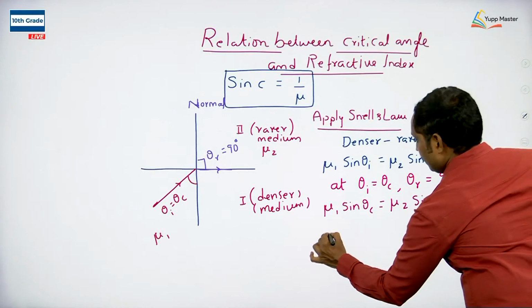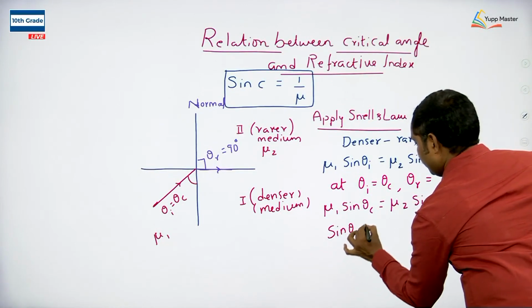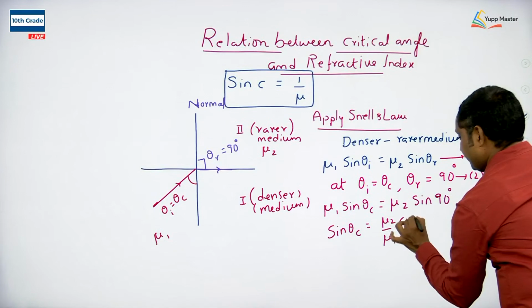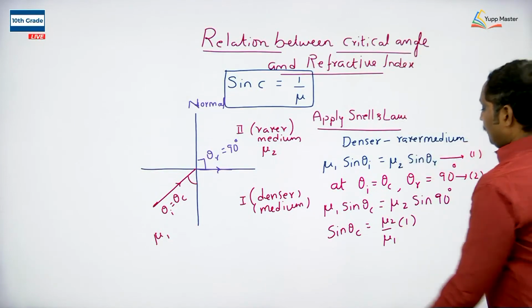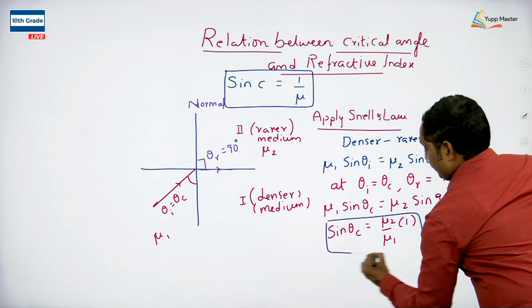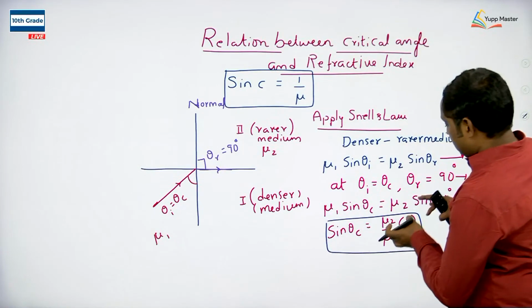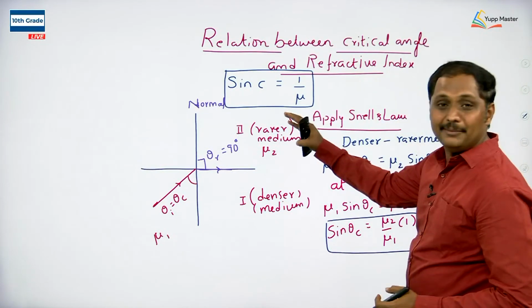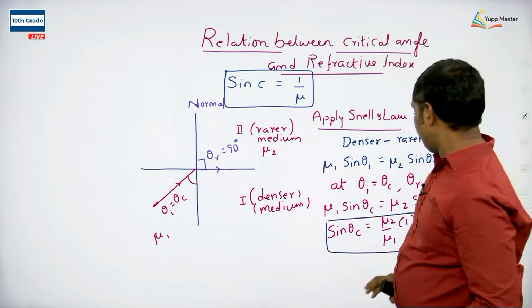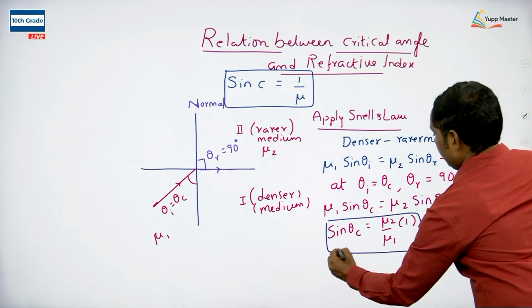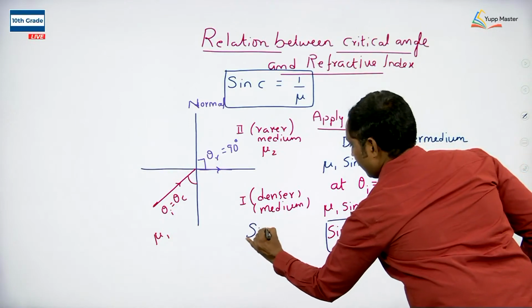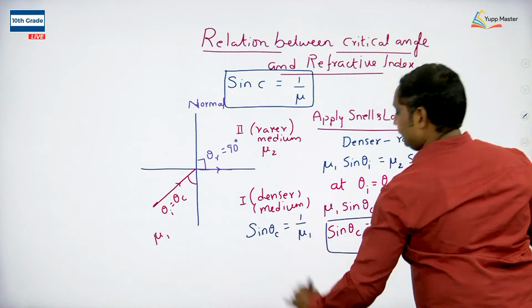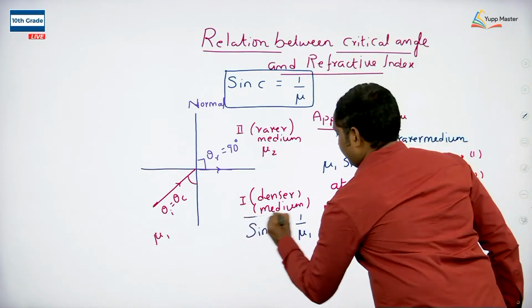So sin theta c is equal to mu 2 by mu 1 into 1. Of the two media, the rarer medium is the air medium. Suppose, let us assume that mu 2 is 1. Then sin theta c is equal to 1 by mu 1. This is the expression.